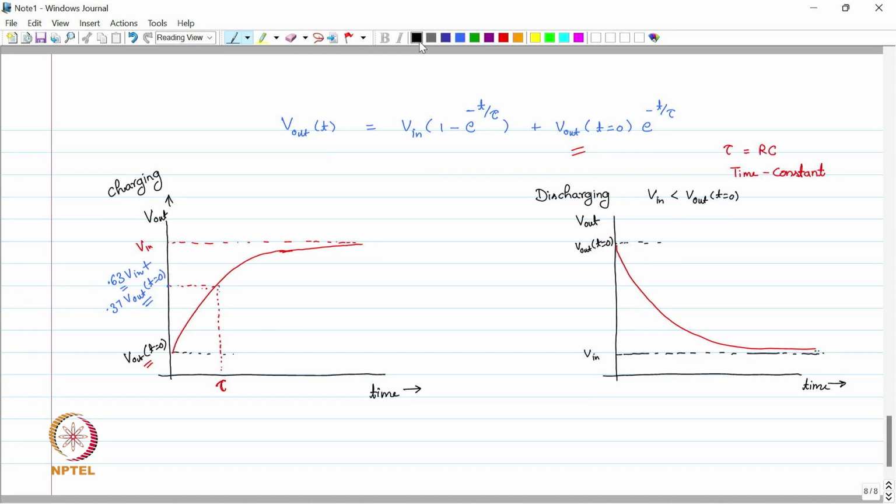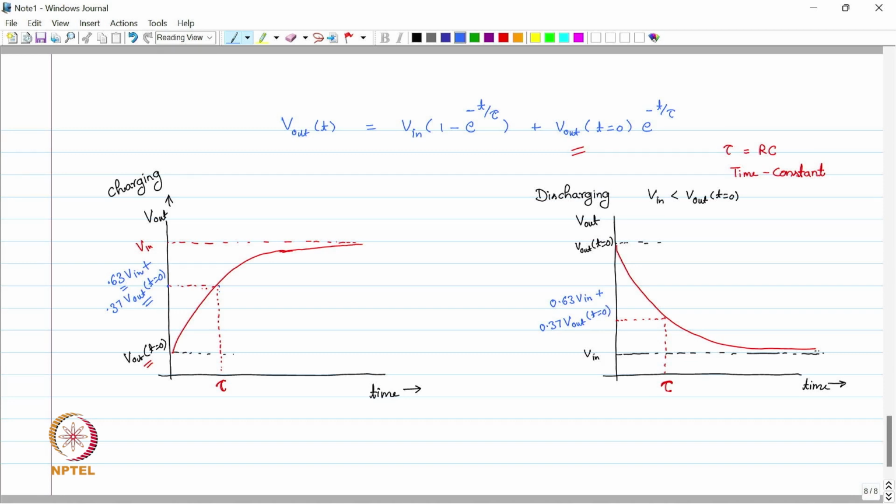Similarly, just like the charging case, here also we have a time constant which is tau, and in one tau or one time period the discharging we can write as 0.63 times V in plus 0.37 times V out at t equal to 0.